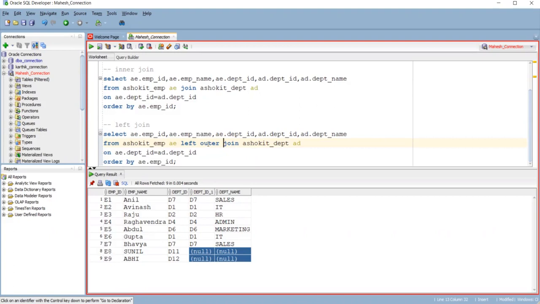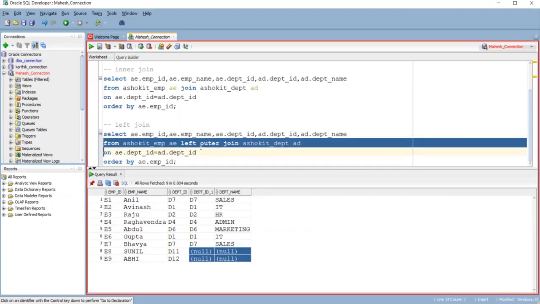Come on, guys. Can we use the left join in place of the left outer join or not? Sir, both are one and the same. There is no difference between left join and left outer join.